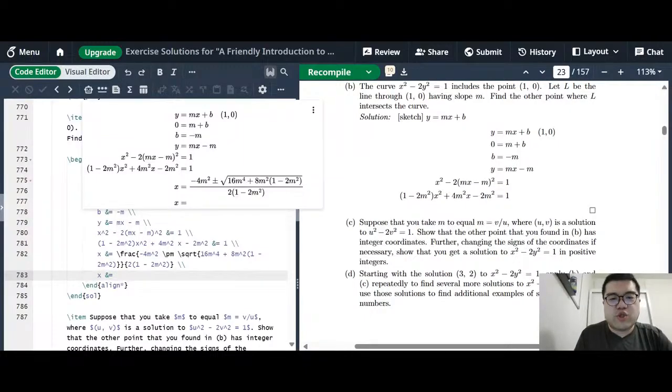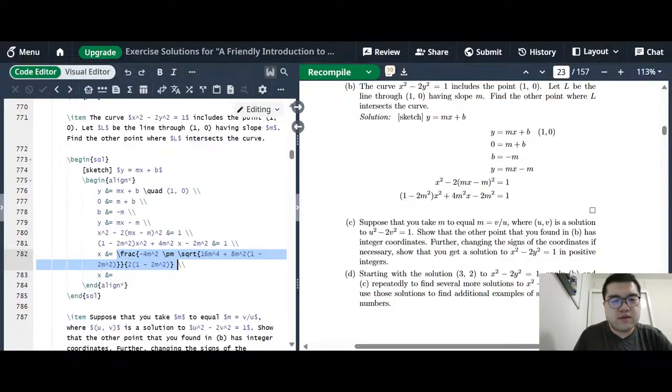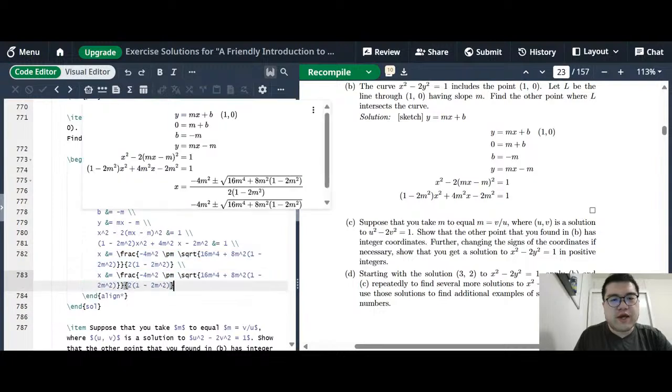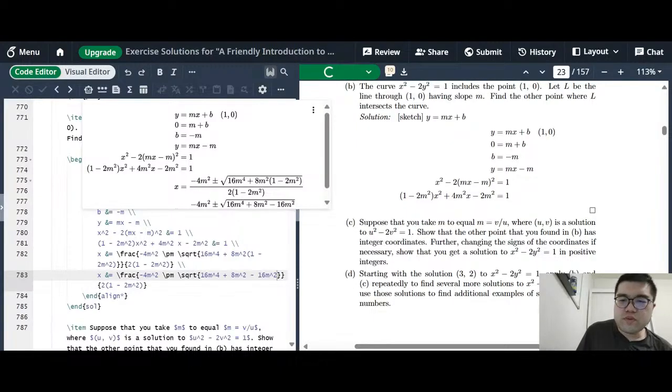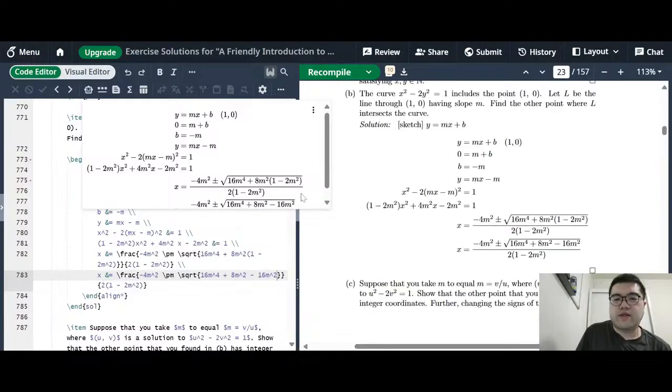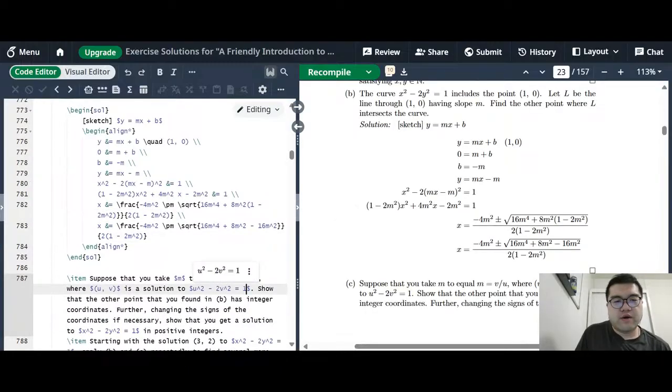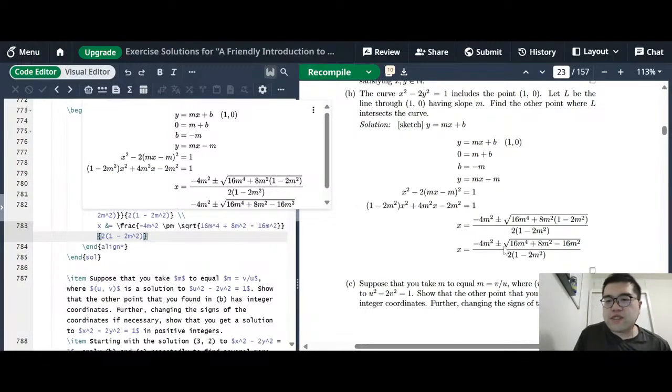Let's see if we can clear up the thing inside the parentheses. If we multiply out, 8m squared times 1 is, of course, 8m squared, and then minus 8m squared times 2m squared. That's going to give us 16m to the fourth power.